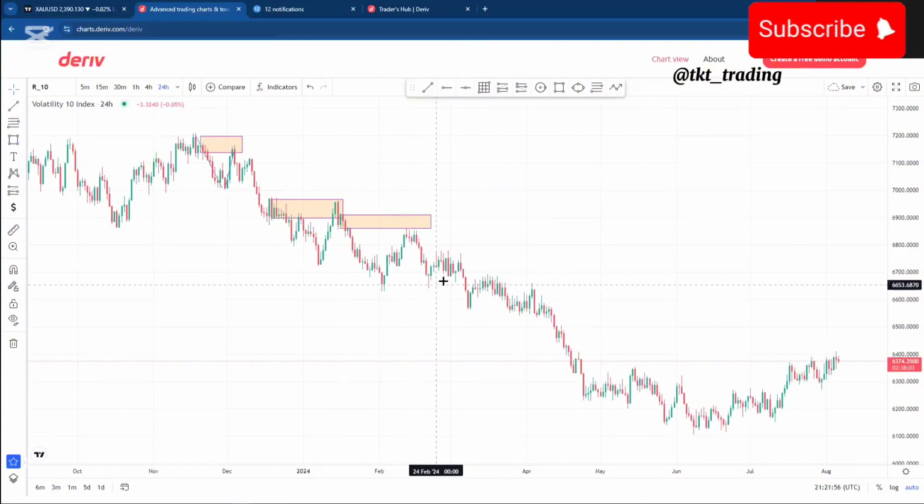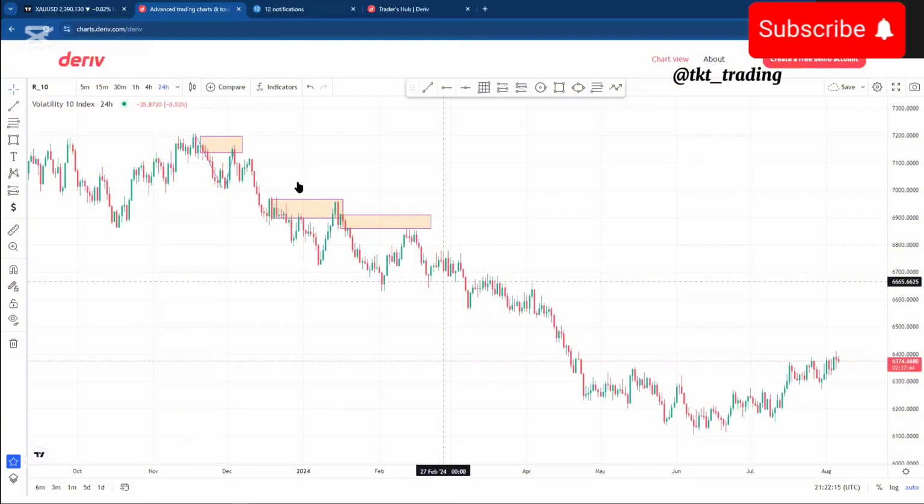So price will always seek to take a retracement to your supply zone before it heads downwards. If you're looking for an entry opportunity on a downtrend market, make sure you always look out for your supply zones to trade, because you're only looking for sell opportunities.